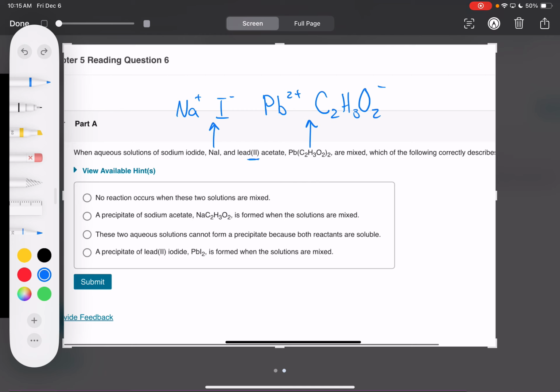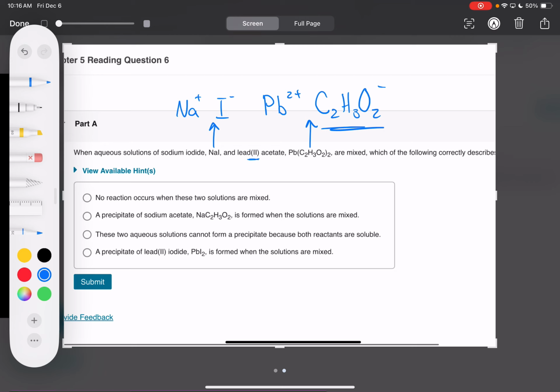Which of the following correctly describes what happens when they're mixed? Okay, so you first need to identify the type of reaction you're looking at. Nobody is an acid or a base. This is kind of a weak base, but we're not going to worry about that because it's not obvious, and you guys probably don't know that yet.